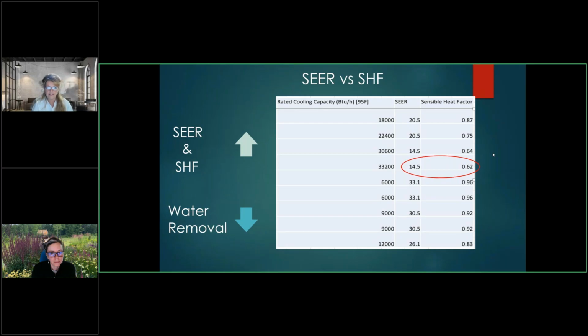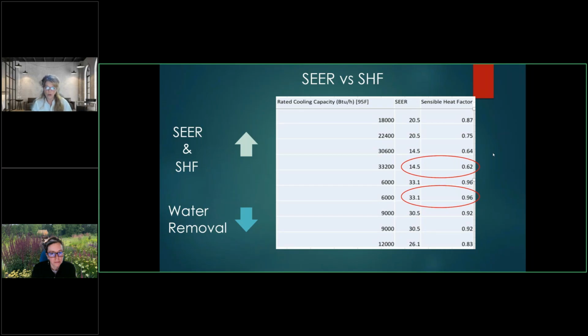So when this system's running for an extended period of time, it's doing a really good job of dehumidifying when it's running.